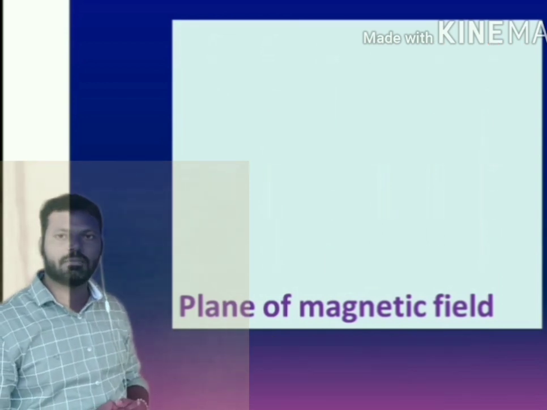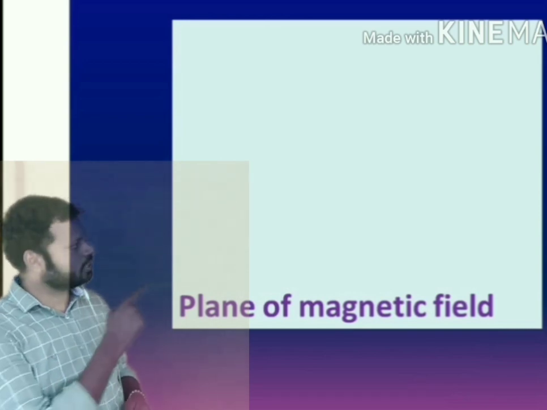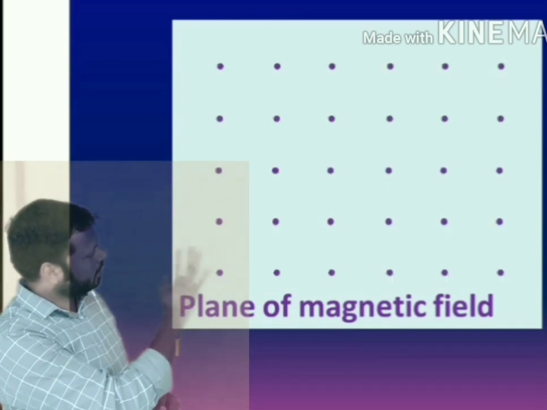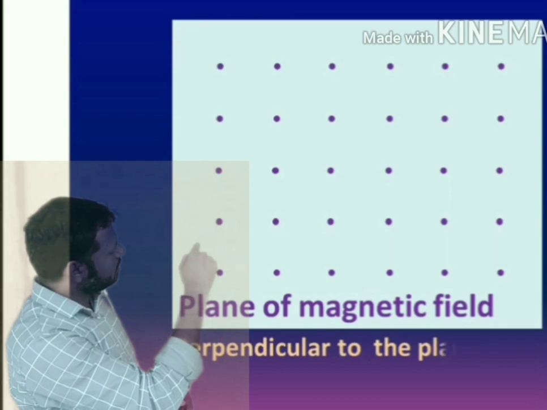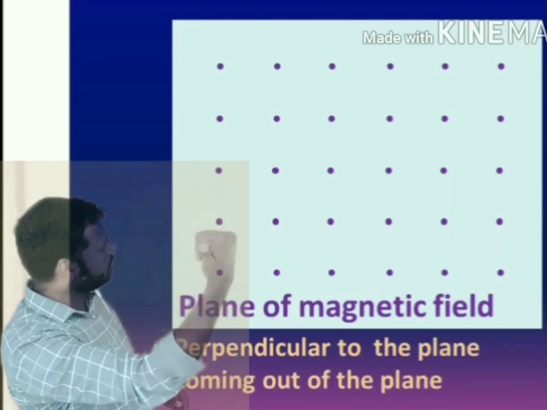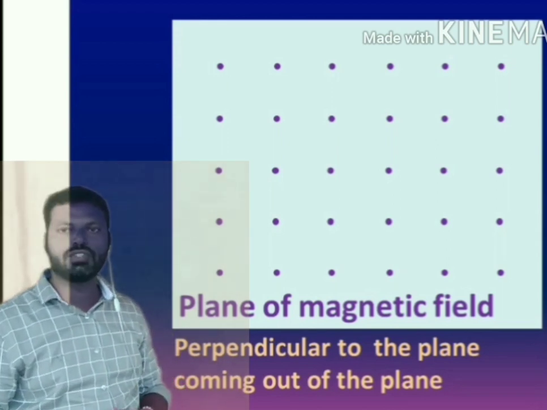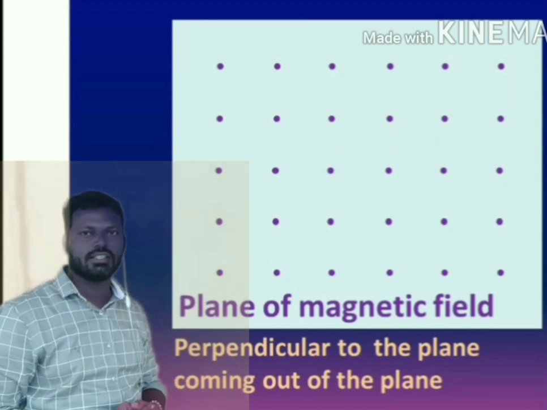Next, see another plane of magnetic field and it contains all dots. This indicates a magnetic field plane in which the direction of the magnetic field is perpendicular to plane and it is coming out of the plane like this. This is how to visualize the directions of magnetic field.